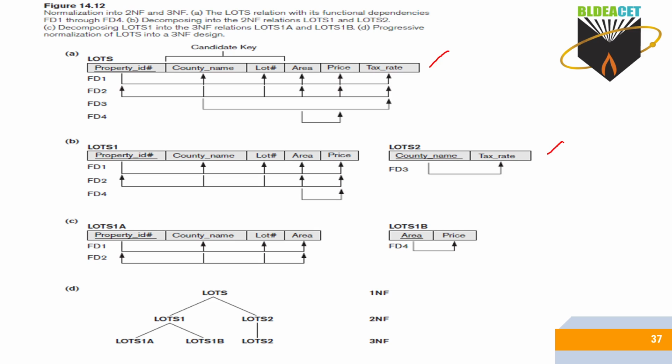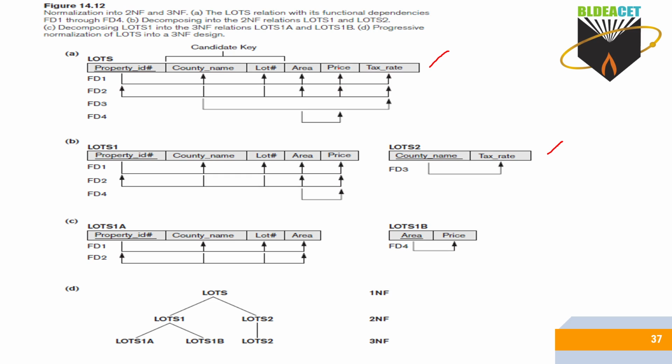Next is third normal form. Here it violates the third normal form. Actually, price depends on your area, so based on the area, the price of the property varies.